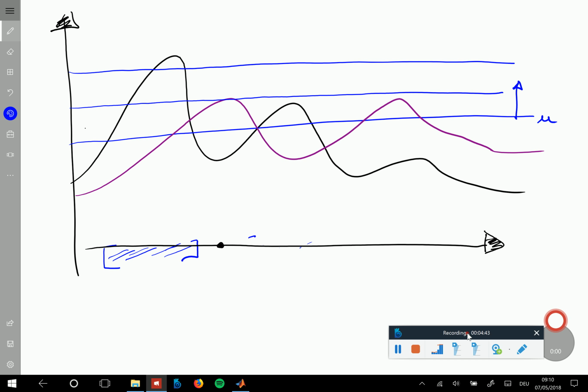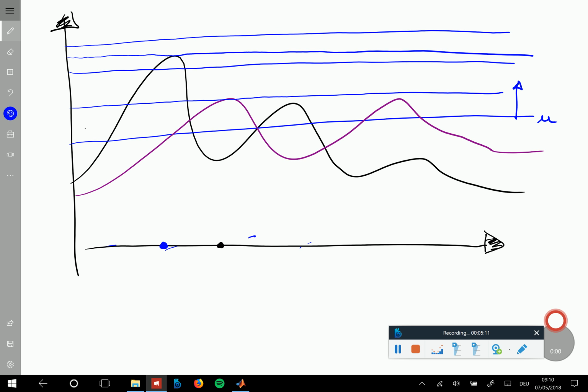And then if you are exactly at the value of the maximum, then the excursion set only contains a single point, the point where the realization assumes its maximum. And if you go even further with your threshold, then the excursion set is empty.